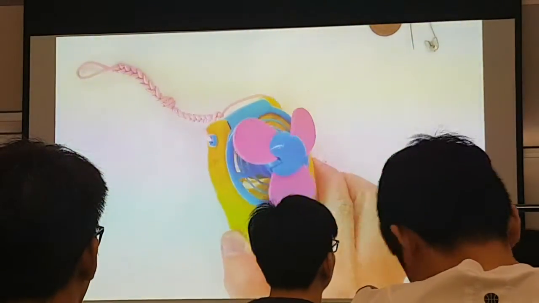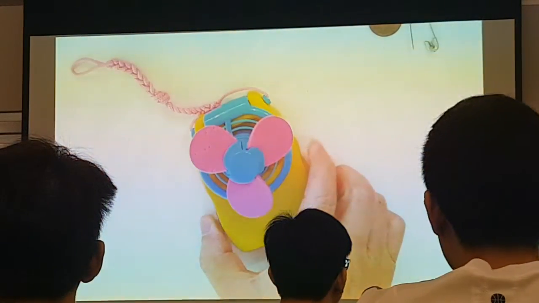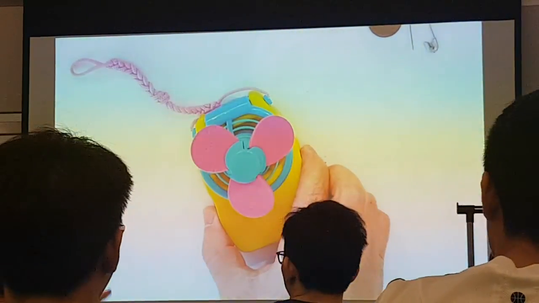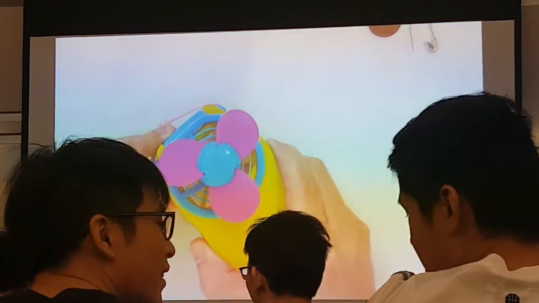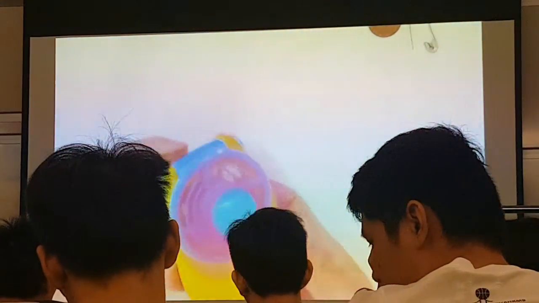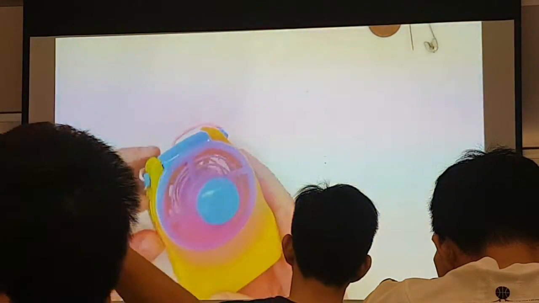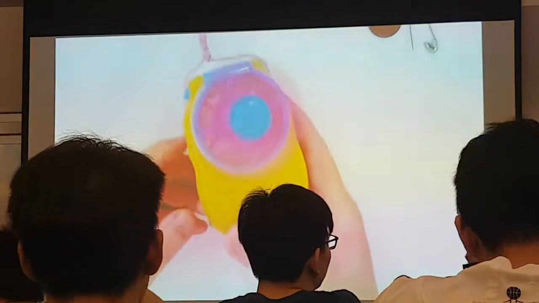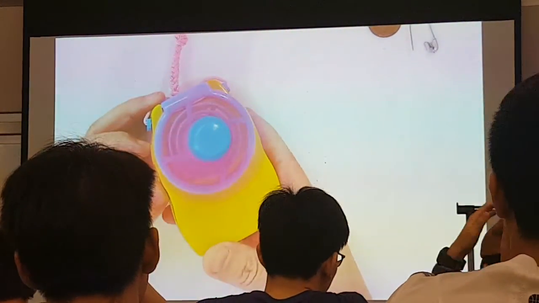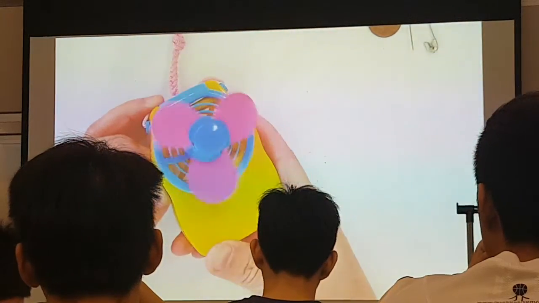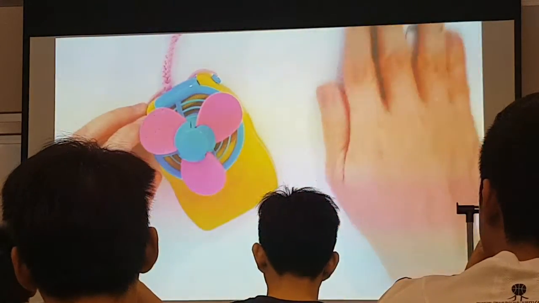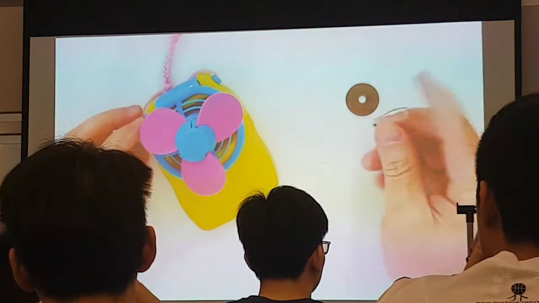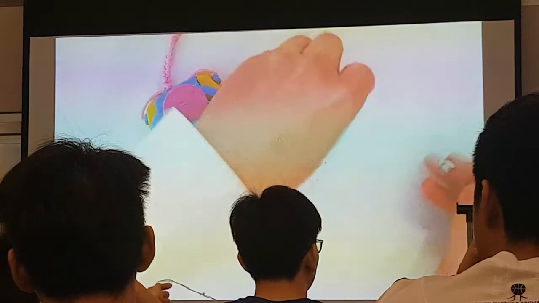So I bought this from Daiso. So this is a pen. Right. Okay, you can feel it. Great. So this pen, actually, as I hold it in my hand, it doesn't really produce a lot of vibration. So what I'm going to do is that I'm going to put a little bit of off-center weight.